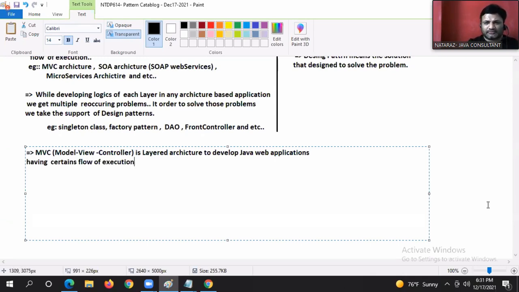While writing logic in each layer, we take the support of design patterns.